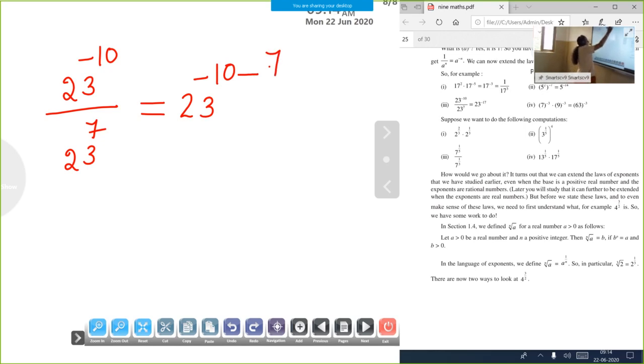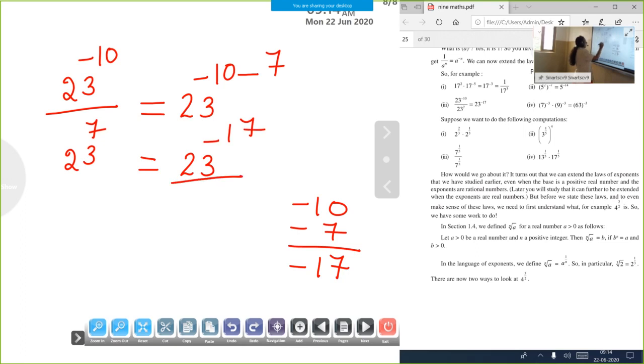Plus 7. So we can write here minus 7. So 23 raised to minus 10 minus 7. What is minus 10 minus 7? Both numbers having the same sign, we need to add them, minus 17. So our answer becomes 23 raised to minus 17.